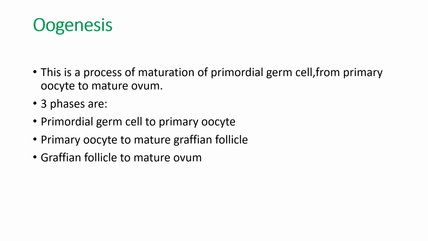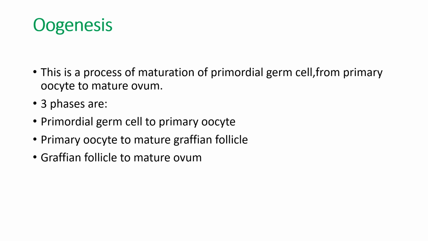Oogenesis is the process of maturation of the primordial germ cell from primary oocyte to mature ovum. It occurs in three phases. The first phase is from the primordial germ cell to primary oocyte, which occurs at birth.